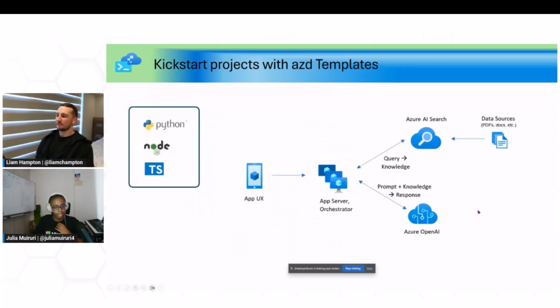So this is basically the architecture of this particular template. In terms of how this data flows, you can think of it where you have your own data sources. So you may have your own FAQ documents, your own internal documentation, and then you're basically just going to index and store that in Azure AI Search. And then you'll implement a system where a user can come in and ask a particular question.